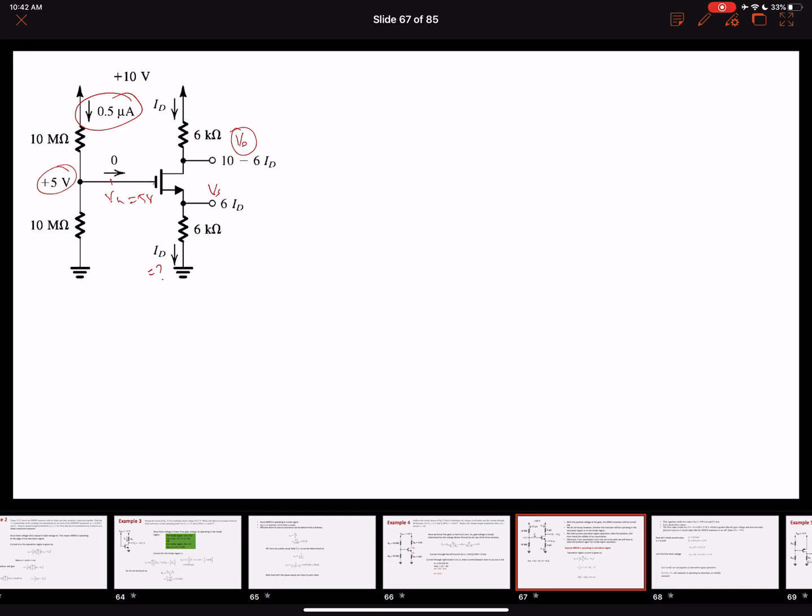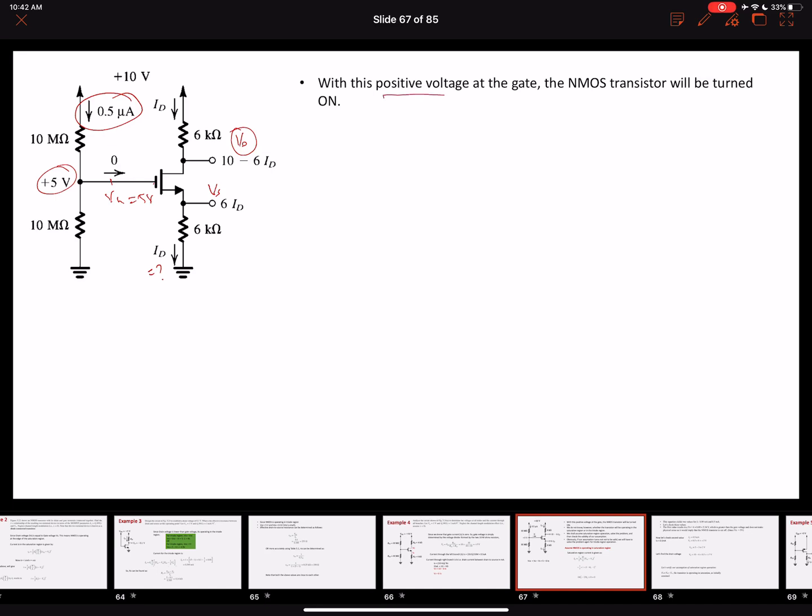We can select either one. We are going to start with the saturation region, and if the answers make sense, we will say these are our answers. But if the answers do not make sense, then we will go back and resolve it for the other region of operation.